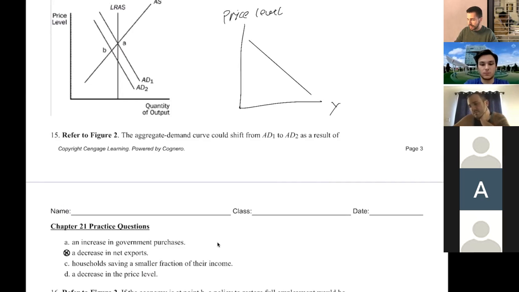The price level of our economy is pretty high, but low income countries have a pretty low one. That's why when you travel overseas to a developing country, the dollar gives you so much, because people can live like kings overseas with the same money. So if the price level decreases, aggregate demand will actually increase.